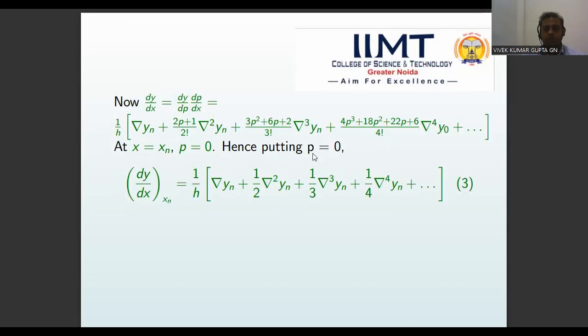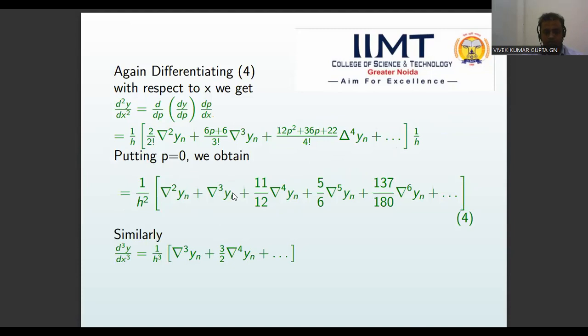By putting this, we find equation 3, which is the numerical differentiation of Newton's backward interpolation formula. Similarly, we can find the double derivative and triple derivative of the given interpolation formula.